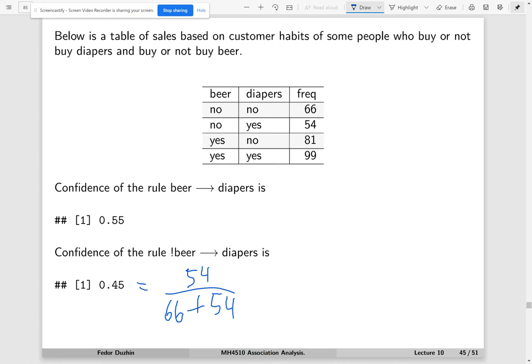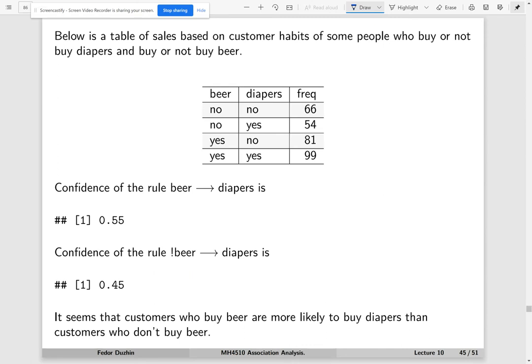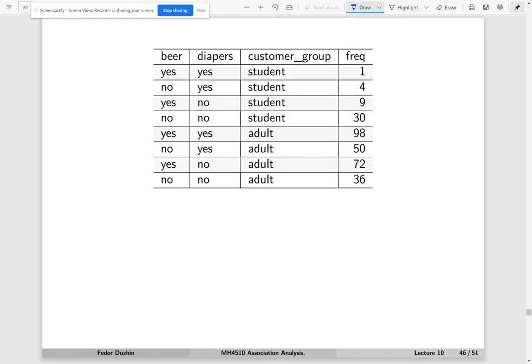Based on this, we see that customers who buy beer are more likely to buy diapers than customers who do not buy beer, because the confidence of the rule beer implies diapers is bigger than the confidence of the rule no beer implies diapers. However, this happens because there is a confounding variable, something unobserved.